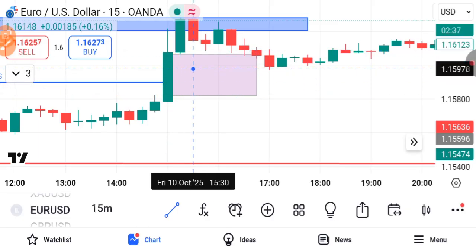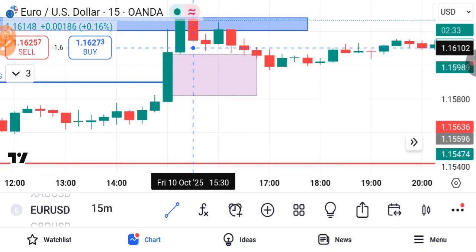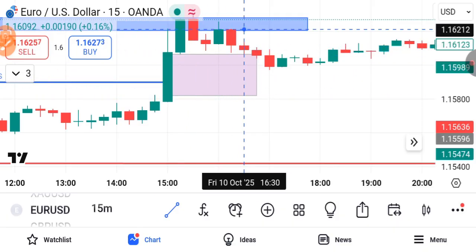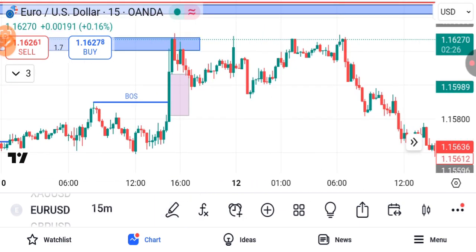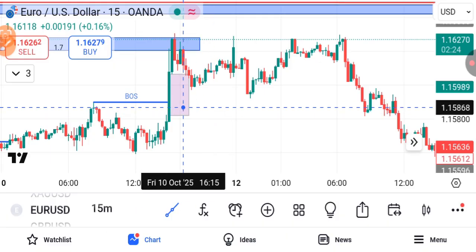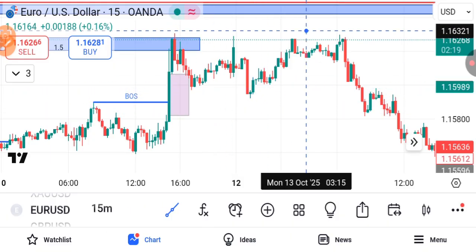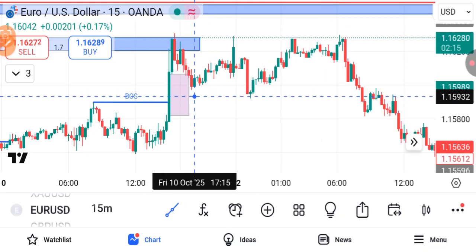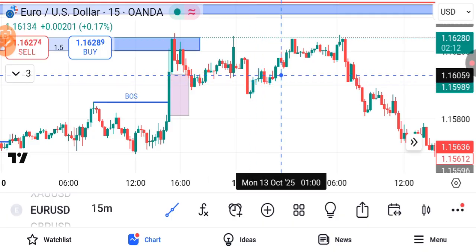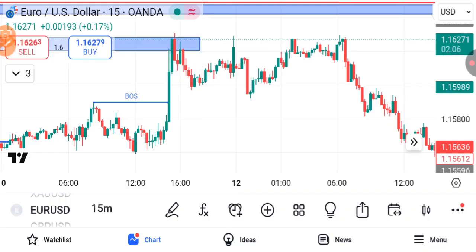So in the space between them, we expect price to come into the 50% half, or even completely down to here, before giving a reaction. And as you can see, it comes down into the 50% before it starts moving up. So it already mitigated this fair value gap, which is no longer needed, and it continues moving up. All right, so this is a fair value gap.